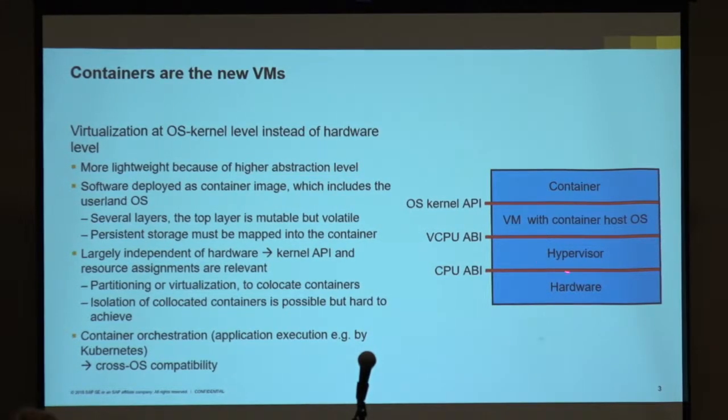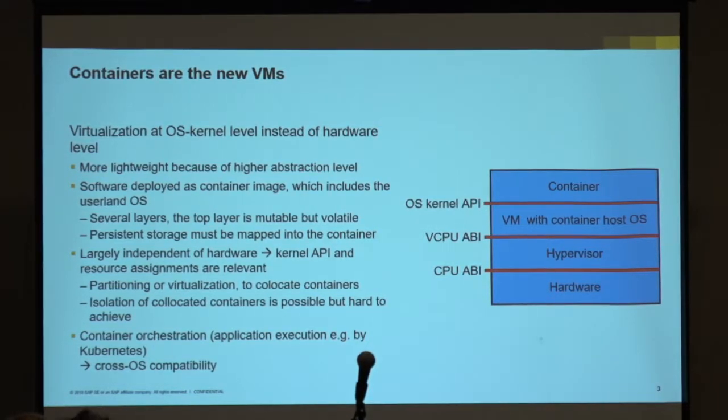The hypervisor presents the vCPU API towards everything that's running on top, and that's traditionally the VM. And nowadays, for the containerized cloud systems, in the VM we have a container host OS, and the container host OS has the kernel API as the interface, and on top of that is running the container itself.